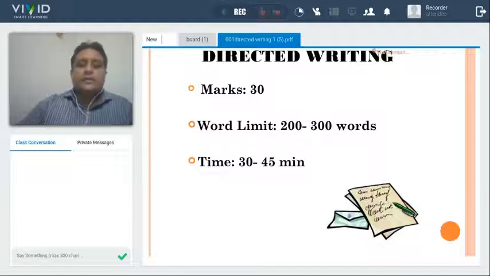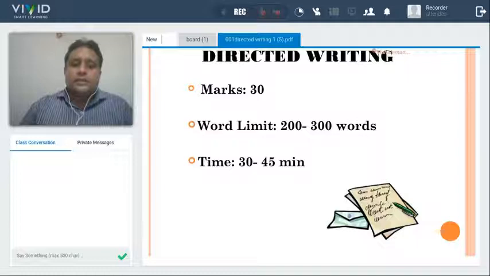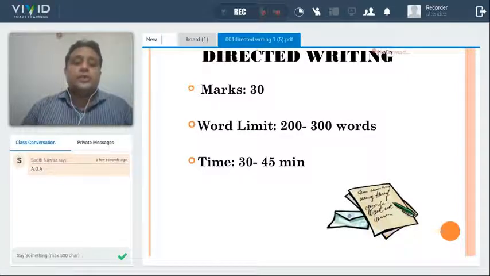All right, let me restate very briefly what I've just said. Yesterday, we reviewed the paper pattern. We saw section 1 of directed writing, and we did review section 2 regarding creative writing.